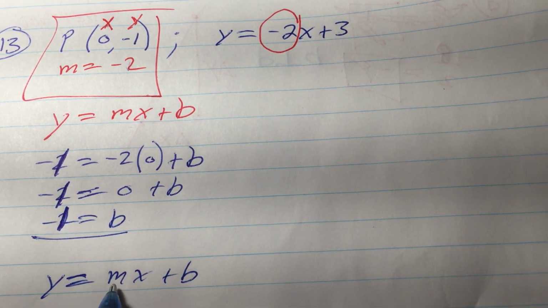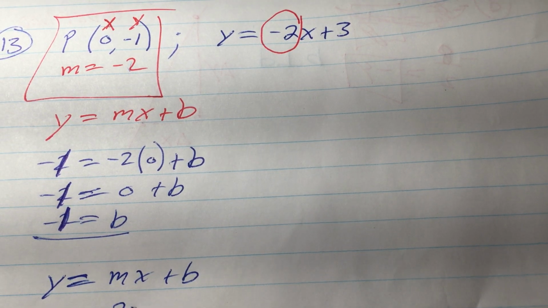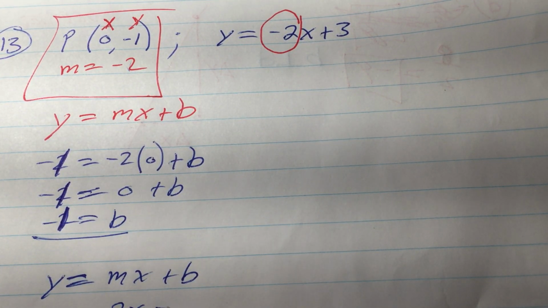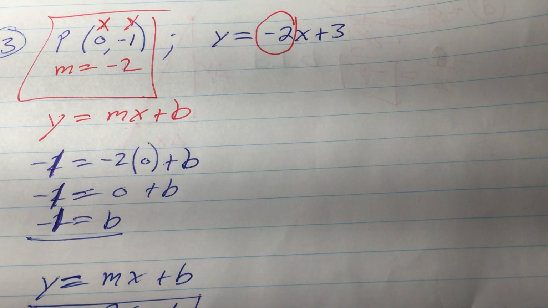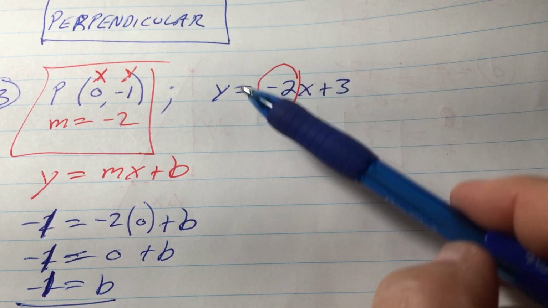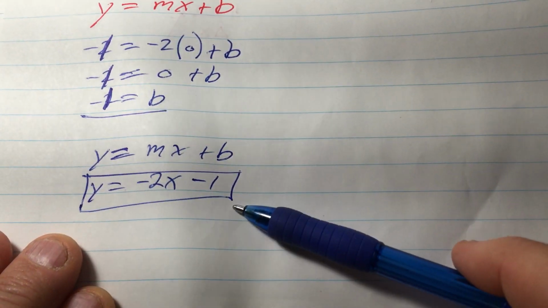Our m is a negative 2. Our b is a negative 1. This is our equation. It's parallel to this line and it goes through that point. There's your answer right there.